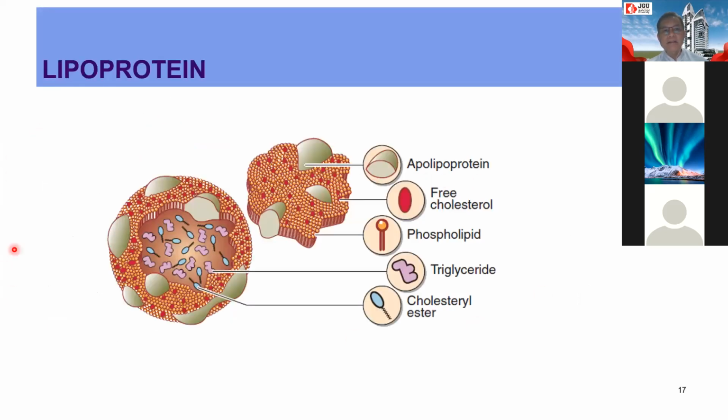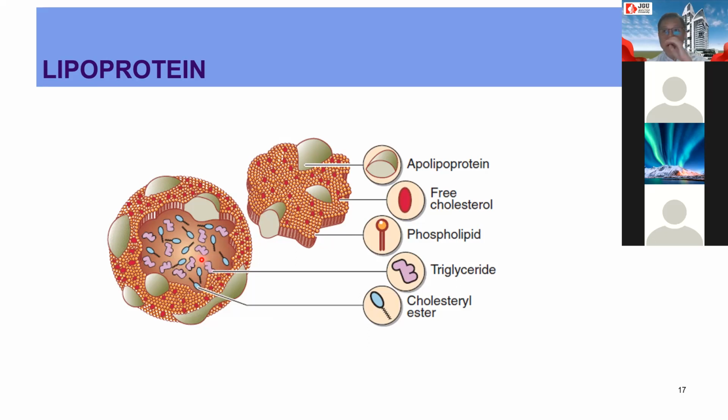So if you see the structure of lipoprotein, for me it looks like a Ferrero Rocher. So you have the nuts here. The ones that look like the nuts are the apolipoproteins. Then you have the free cholesterol and the head of the phospholipid, and then we have triglyceride inside.